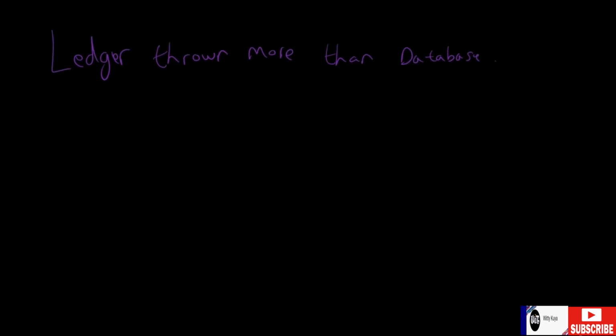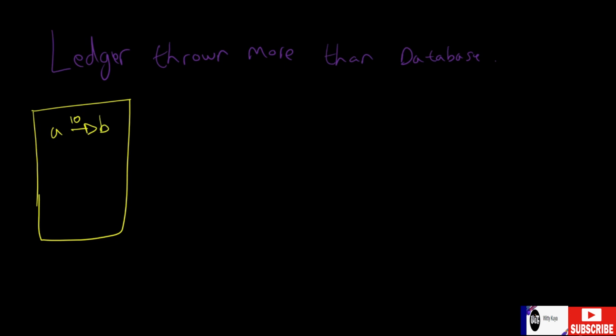So imagine if we have this little ledger, this database, and we say person A sends 10 units of something, whether it's £10 or $10, to person B, and let's say person B sends 7 units of the same currency to person C. We know that person A has 10 less now.